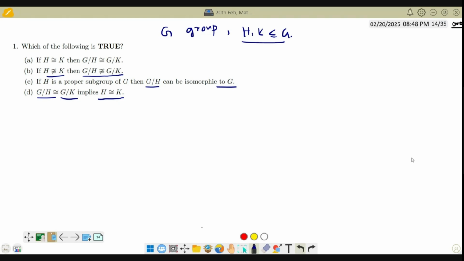Then A is true. Okay. C is false because... Okay, you are saying C is false and A is true. See, these are standard exercises, you can expect this type of thing in CSIR NET, surely.